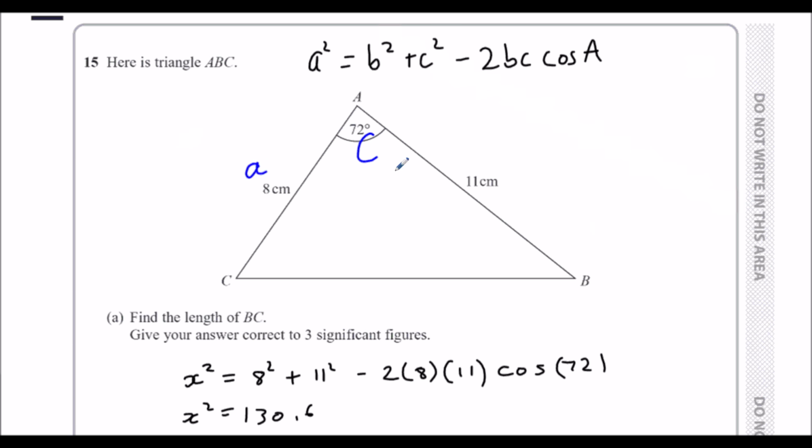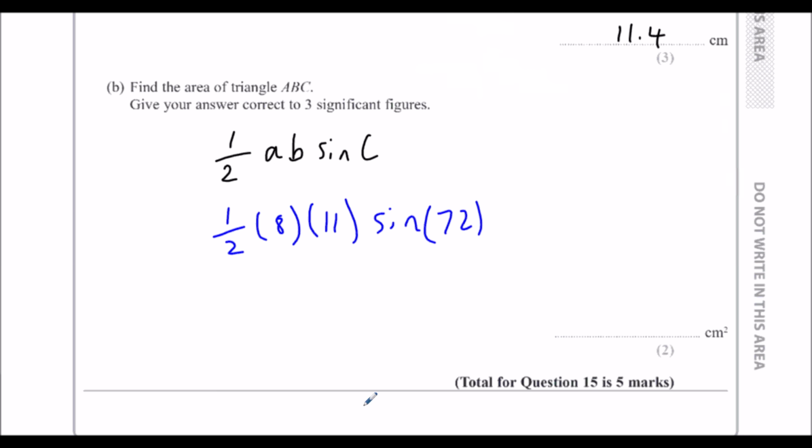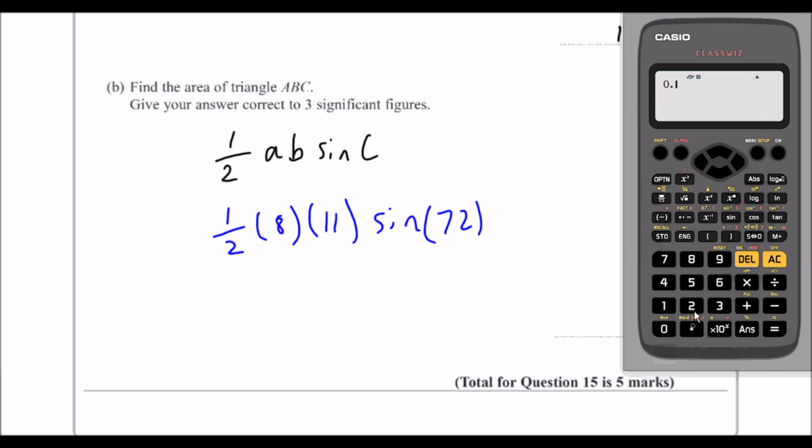The other two are A and B in any order. So it's half times 8 times 11 sine 72. So we'll just type that into the calculator, and that will give us the area.